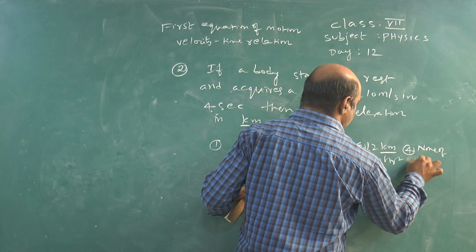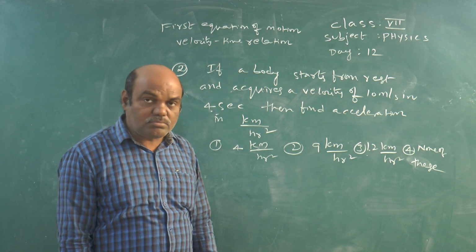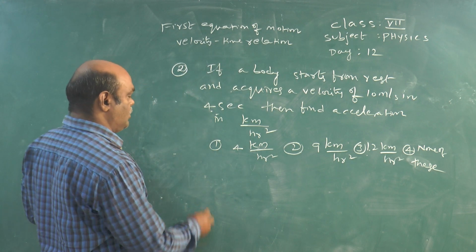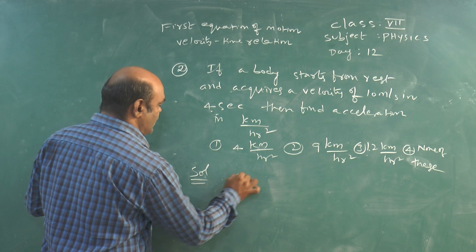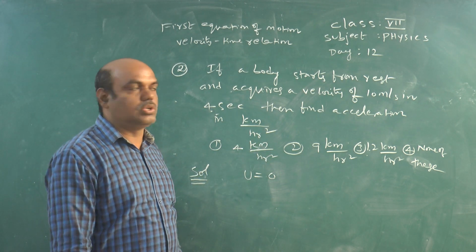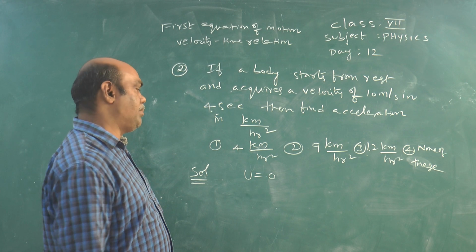In this problem, the body starts from rest, which means initial velocity u equal to 0, and acquires a velocity of 10 meter per second.